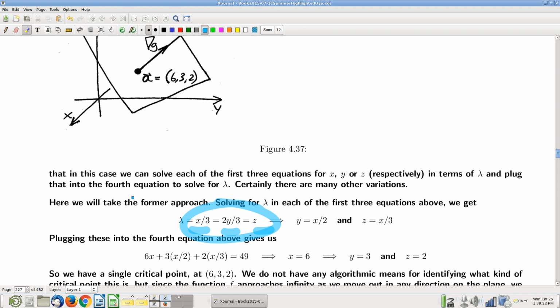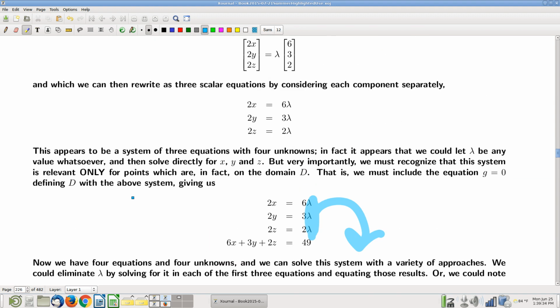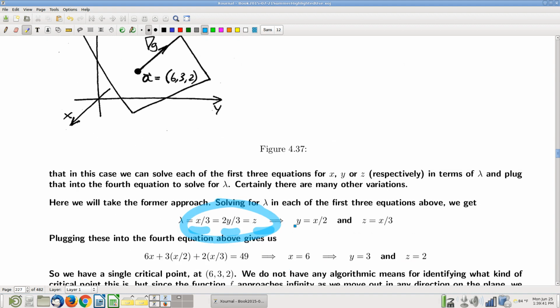Right? We had three equations with four unknowns. Now I have two equations, three unknowns. This is called eliminating a variable. Solve for a variable in all of the equations, set all the results equal to each other, eliminates that variable.